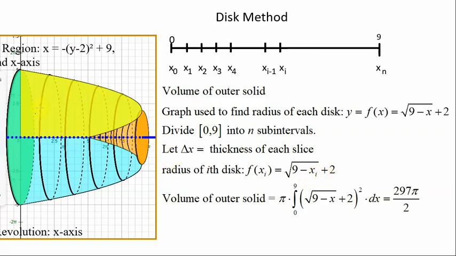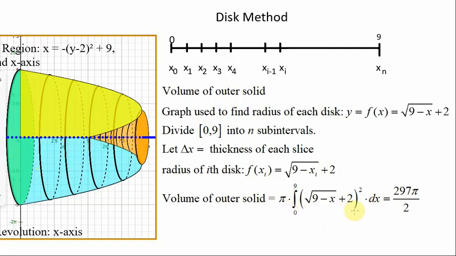And if we divide this solid right here into an infinite number of slices, then we get the integral from 0 to 9, and then pi times the square of the radius, which is this, and then times the thickness of each slice.